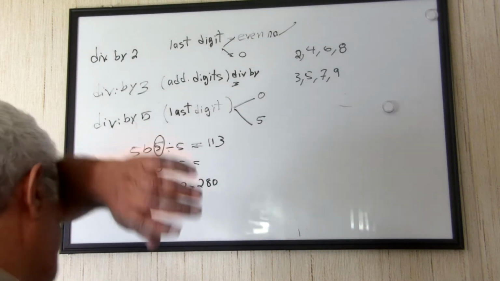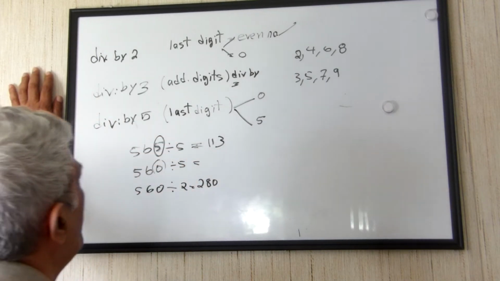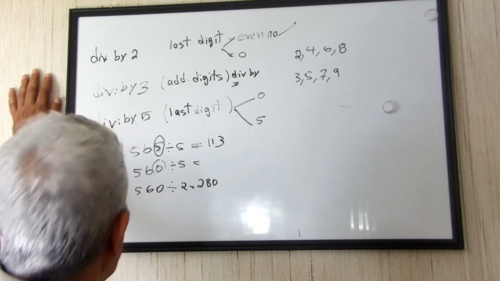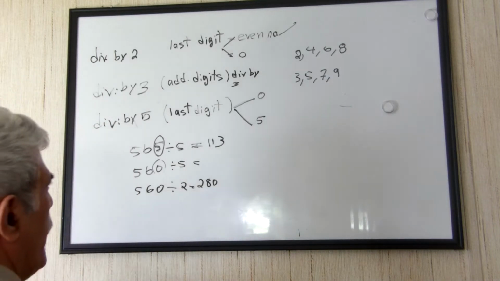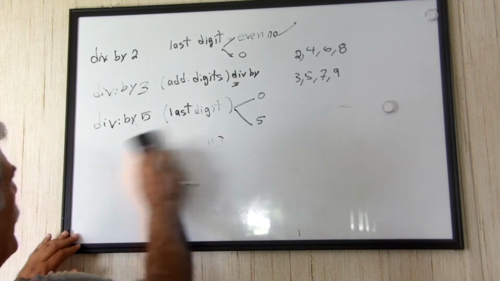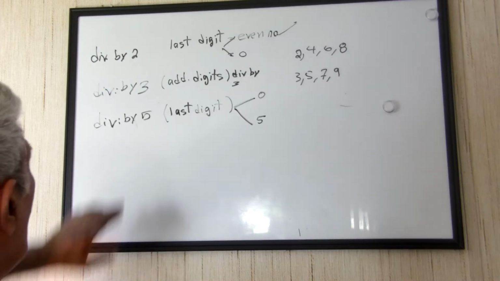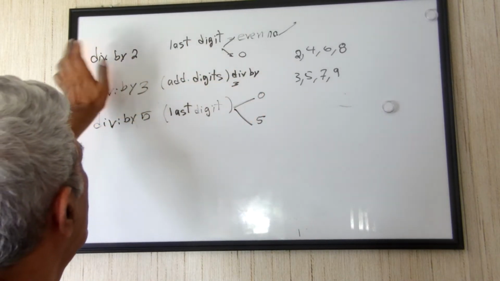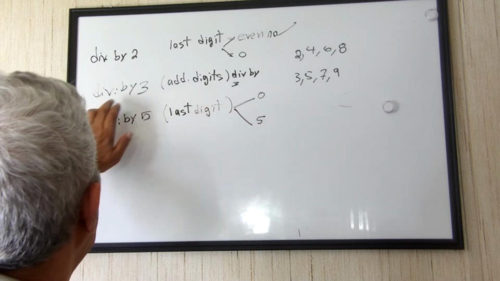So what I'm trying to say is, if the last digit is even, you can divide it by 2.